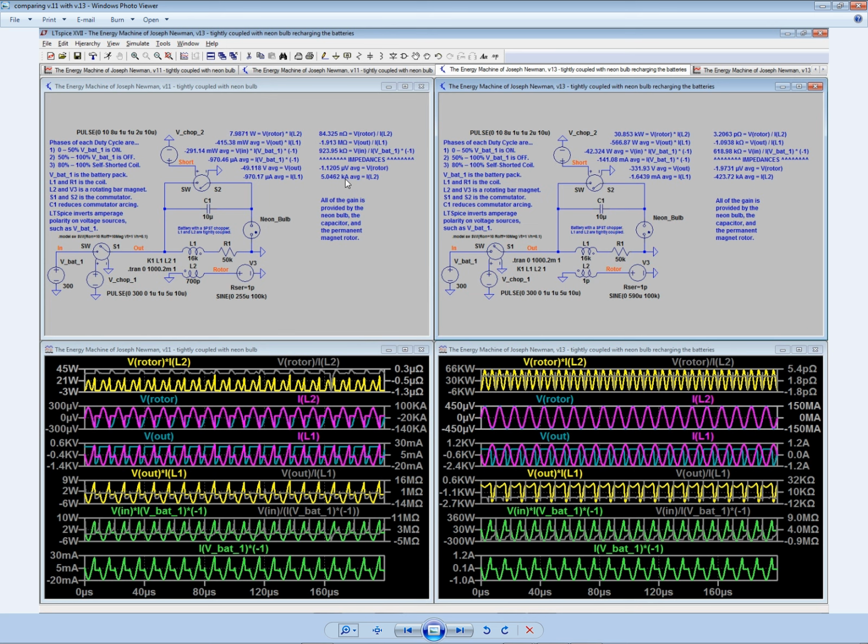And so version 11 does not claim to charge the batteries, it just claims not to spend anything off the batteries because it has a negative amperage, but its voltage of negative 49 volts is not adequate to overcome the 300 positive volts of the battery. It has to overcome those positive volts, because the battery is like a voltage regulator.